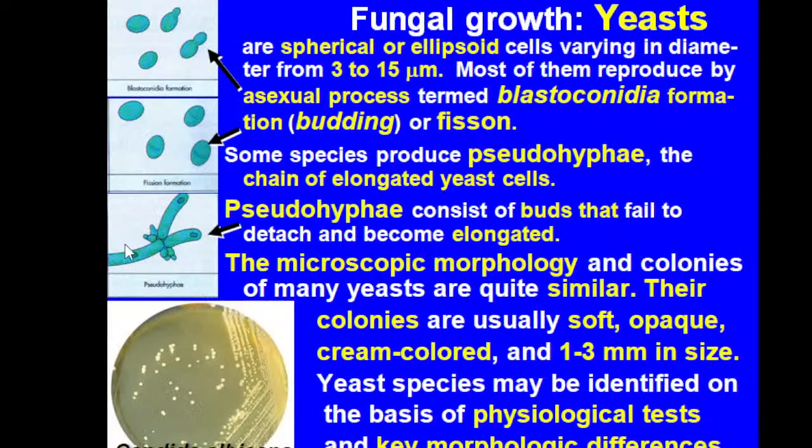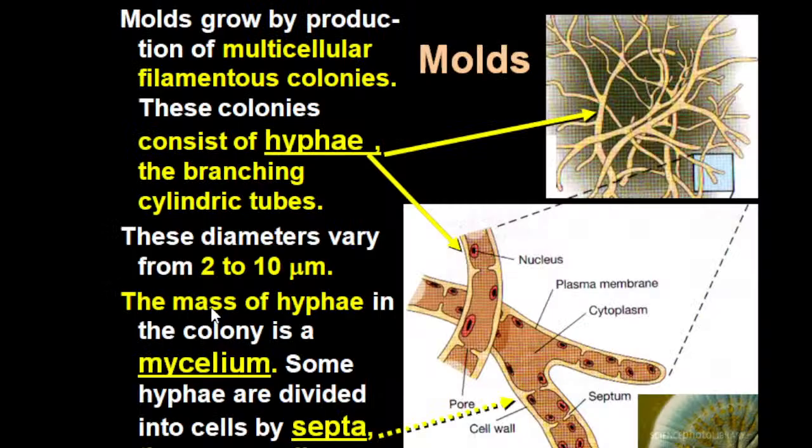See, pseudohyphae, that's what we call pseudohyphae, have cell walls that separate this single unicellular organism from this unicellular organism. Okay? Then, when we have the mass of hyphae all together, they form a structure that is called mycelium.